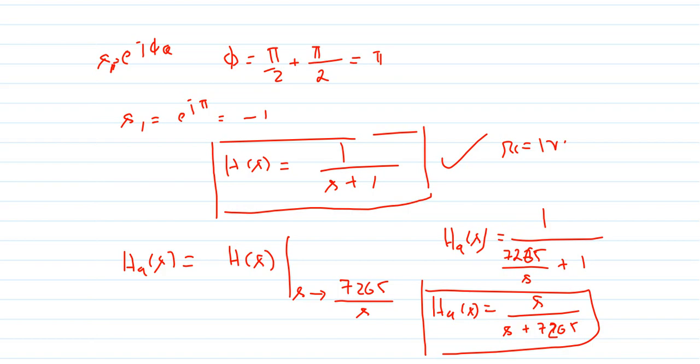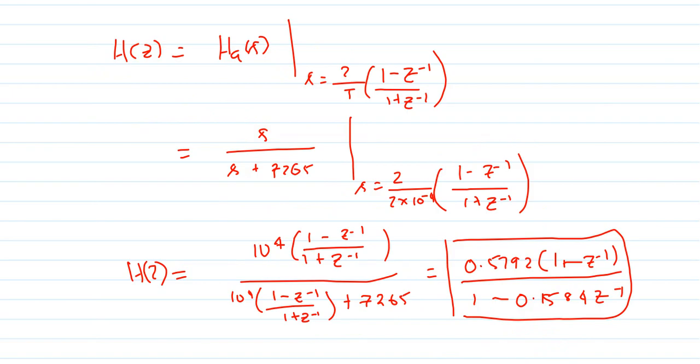So this is my high pass transfer function. After that, I convert it into my digital transfer function by using the bilinear transformation, 2 by T into (1 minus Z inverse) by (1 plus Z inverse). Just substitute, and I get my final digital high pass transfer function for the given specifications.